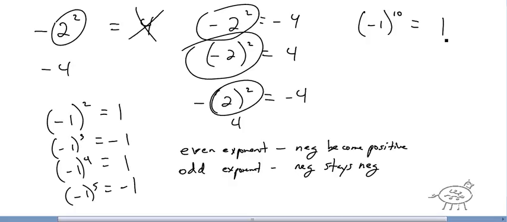Now obviously if you have a number other than 1, if it's like 2 or 3, you actually have to figure out what 2 cubed is and 2 to the 4th and 2 to the 10th is. Okay, but -1 to the 101 power, that's pretty easy. It's an odd number, so the answer is -1. -1 to the 1004th power, even number, answer is 1. Pretty easy stuff. Again, you've got to know what you're doing here.